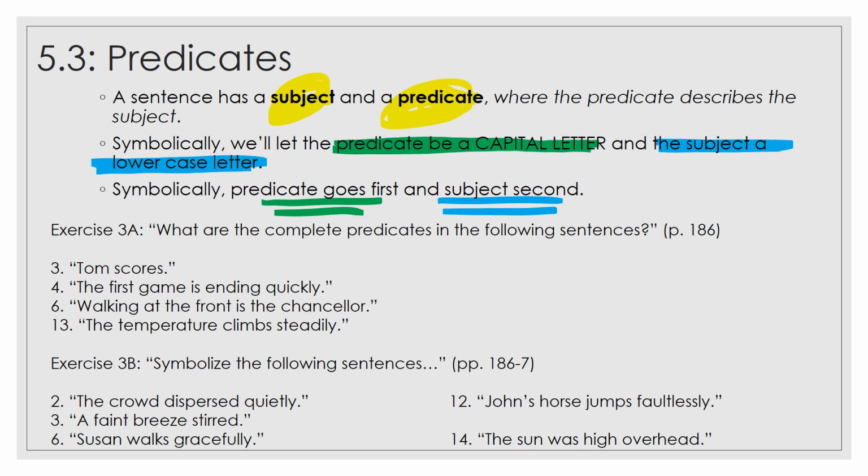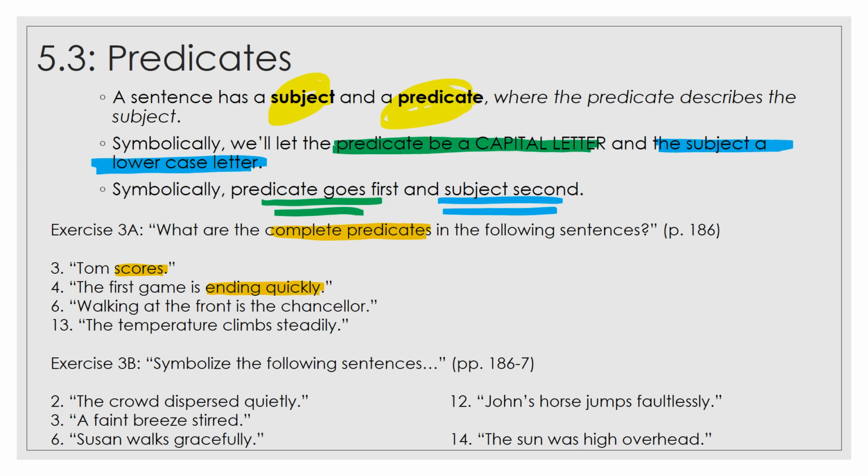For exercise 3A, we just want to know what the complete predicate is in each of the following sentences. Number 3, we have Tom scores. Tom is the subject and scores is our predicate. It's talking about Tom. Number 4, the first game is ending quickly. The first game is the subject, ending quickly is the predicate.